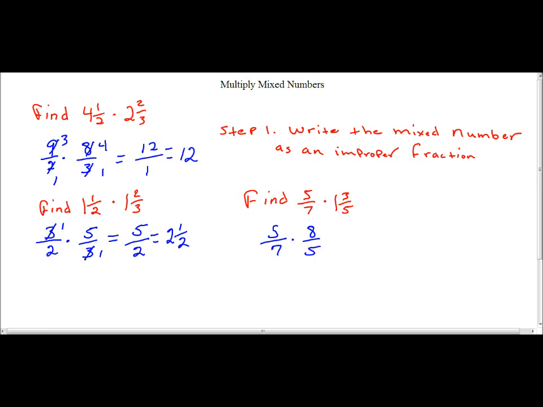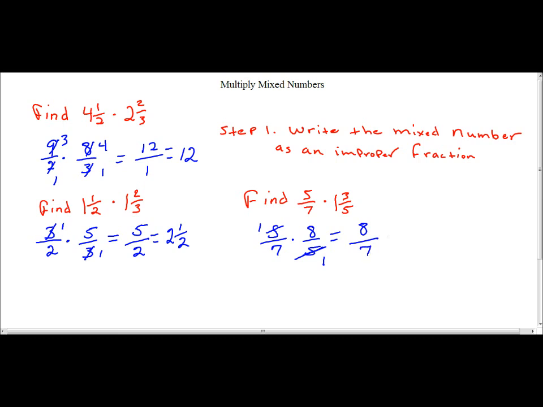Okay, I can look at my 4 numbers, and right here I can cross divide. 5 into 5 is 1. 5 into 5 is 1. So here 1 times 8 is 8, and 1 times 7 is 7.